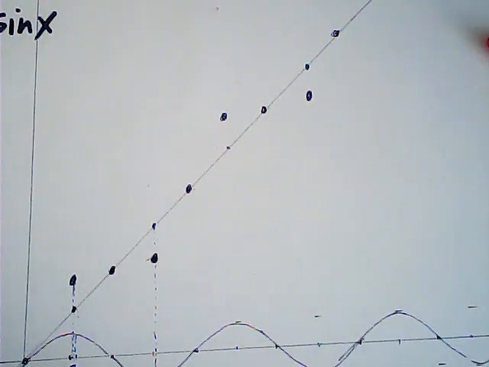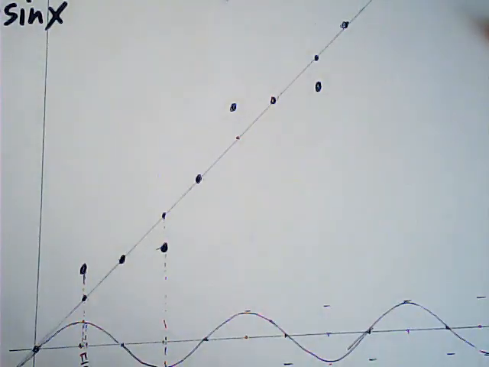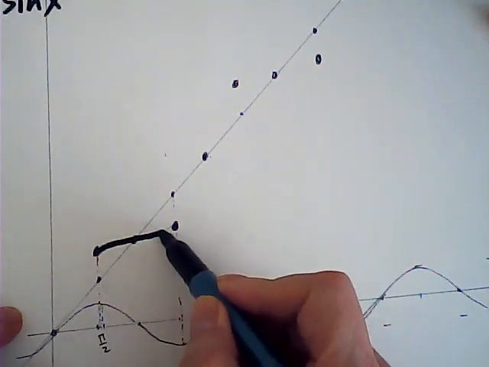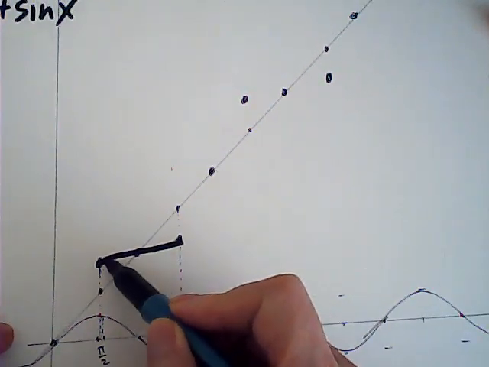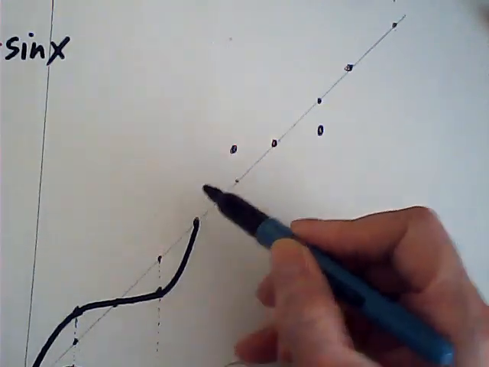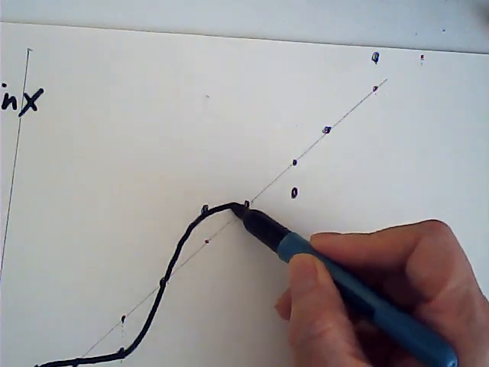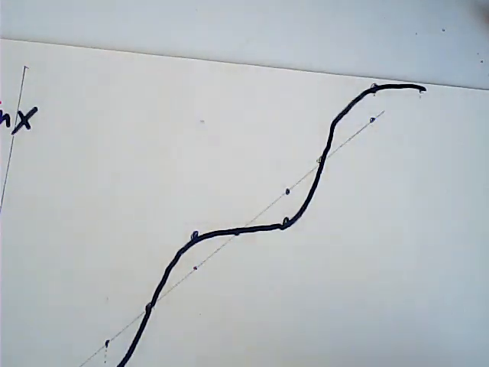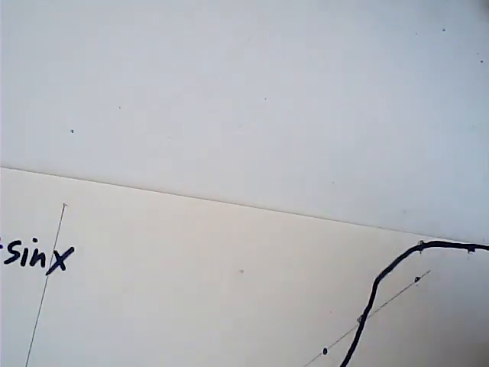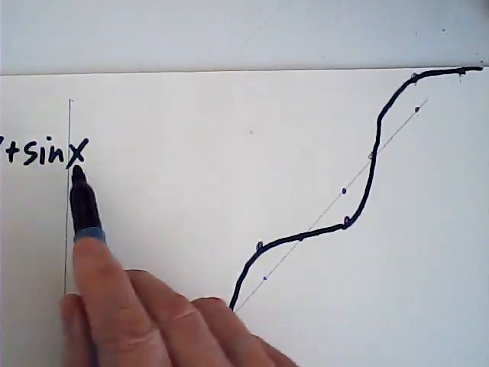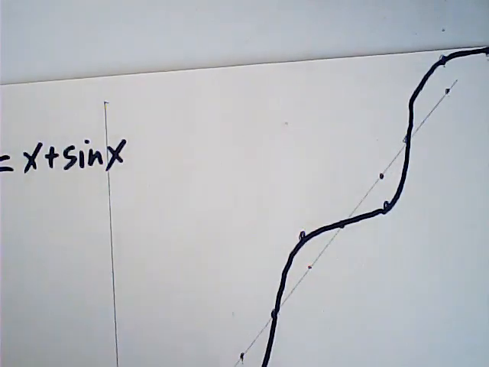So we have these points, right? And I have these points. That will be x plus sine x.